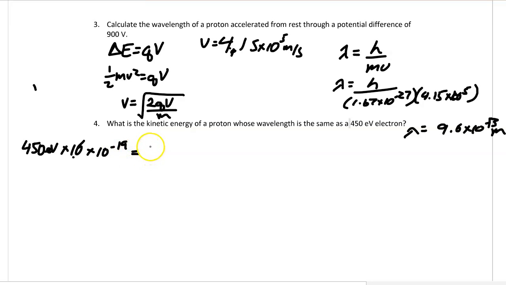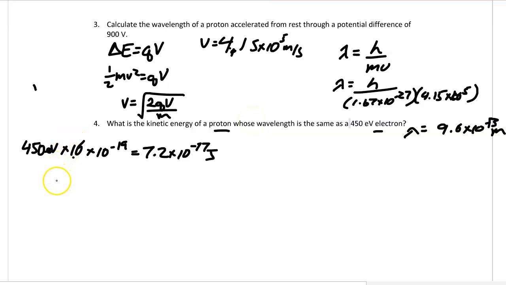Okay, that should get you 7.2 times 10 to the negative 17 joules. And so what we can do is, if that's the kinetic energy of the electron, we're now going to find the wavelength of that electron, because it's the wavelength of the proton and the electron that are the same.